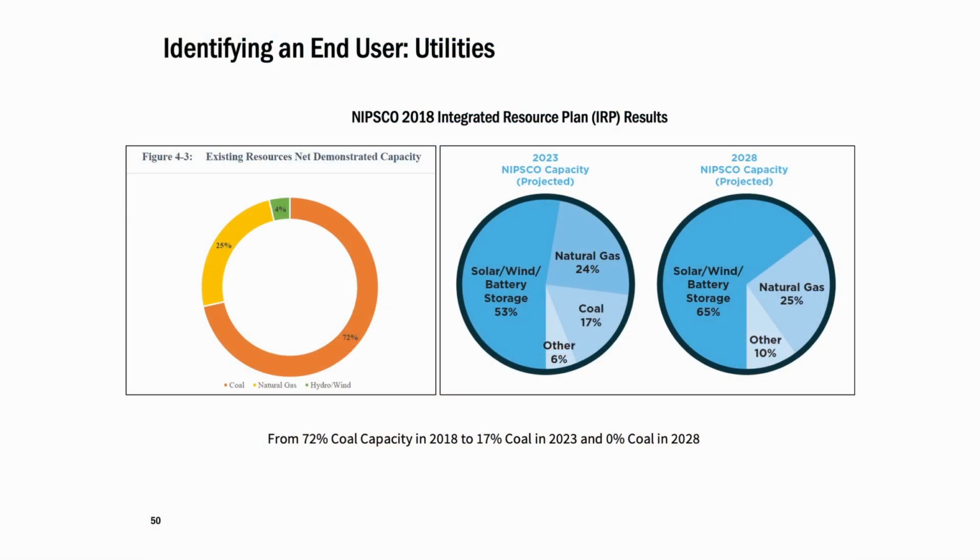This is an integrated resource plan from NIPSCO, the Northern Indiana Public Service Company, which is in Indiana, doesn't have an RPS, but really cool 2018 integrated resource plan here where they announced their plans to basically go from 72% coal capacity in 2018 to 0 in 2028, and replacing it with a combination of solar, wind, and other renewable energy resources. So you definitely know NIPSCO is going to want some renewable energy resources.